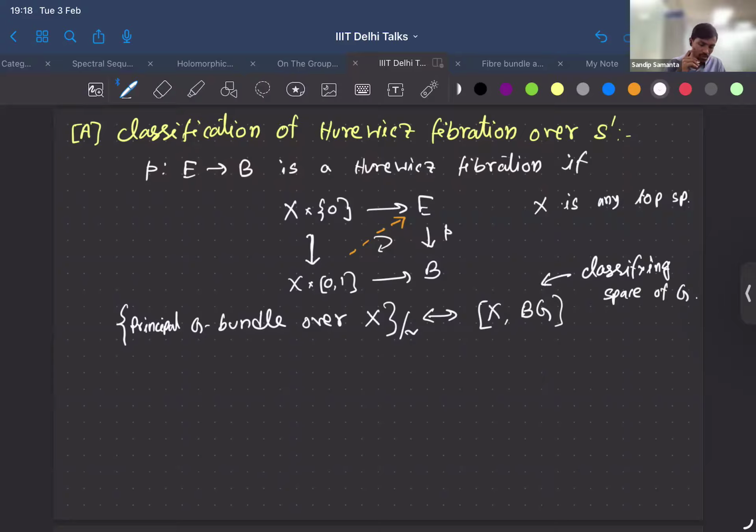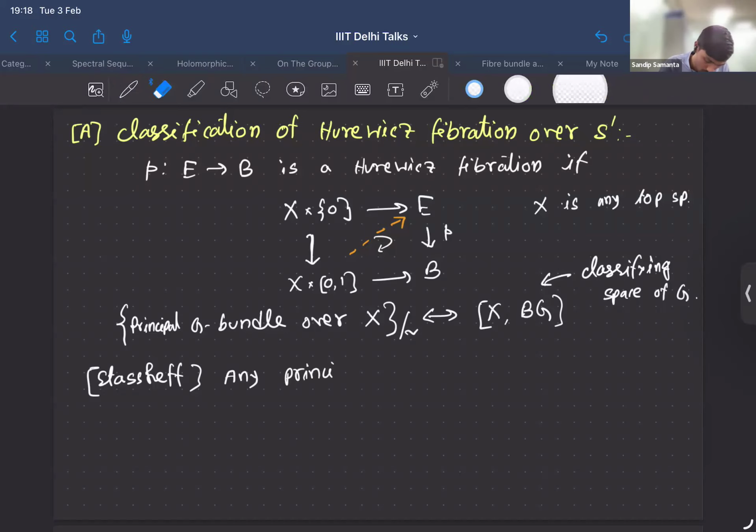Similarly, for Hurewicz fibration, there is also a classification by Stasheff. Here we don't need any principal thing.